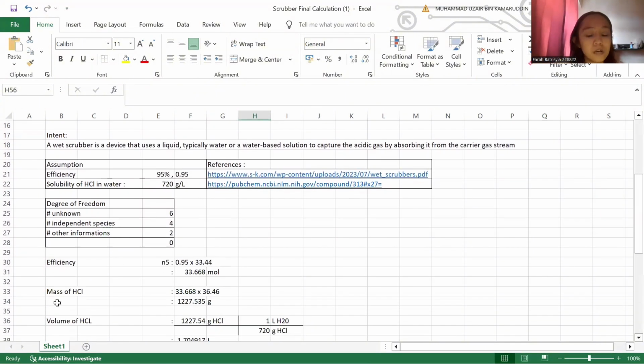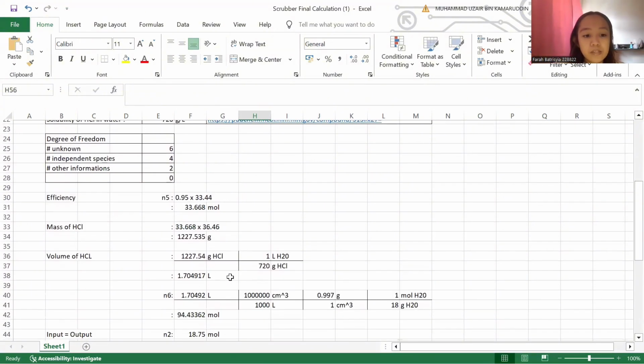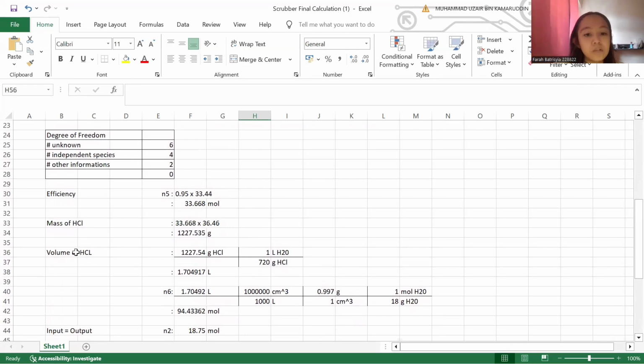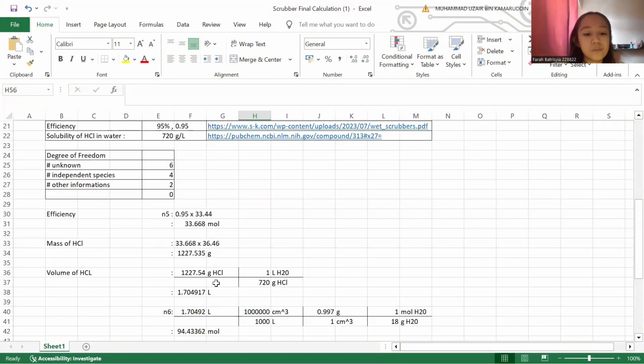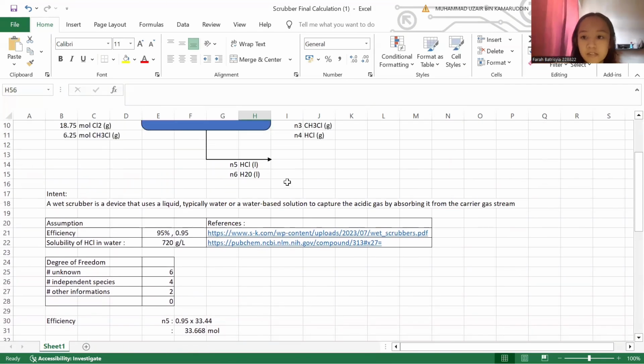Then we can get the mass of HCl by multiplying this mole with the molar weight of HCl, which is 36.46. We get this value, and then to get the volume, we divide by the solubility of HCl in water, and then we get the volume of water. From that, we can get the mole of water, which is N6.